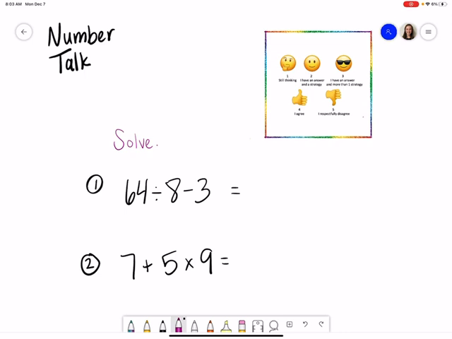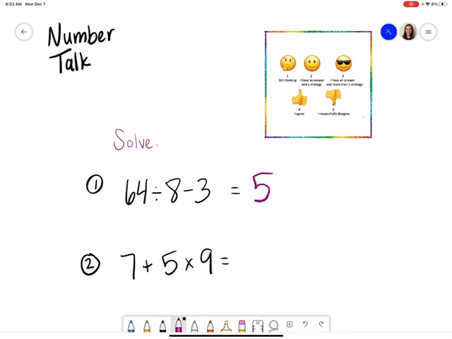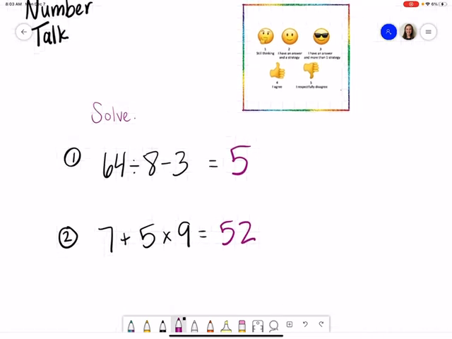All right, so your answer for number 1 should have been 5, and your answer for number 2 should have been 52. And if you're going, uh-oh, I didn't get those answers, go ahead and stick with me so we can see why those are the correct answers.